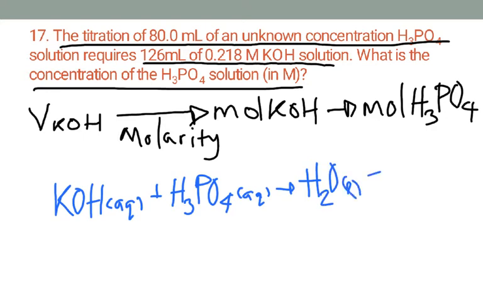It's going to yield salt. The salt in this case is going to be potassium phosphate. Potassium is in group 1A, so it has a +1 charge. Phosphate ion has a -3 charge. So you're going to need 3 potassiums for every 1 phosphate. This is aqueous.